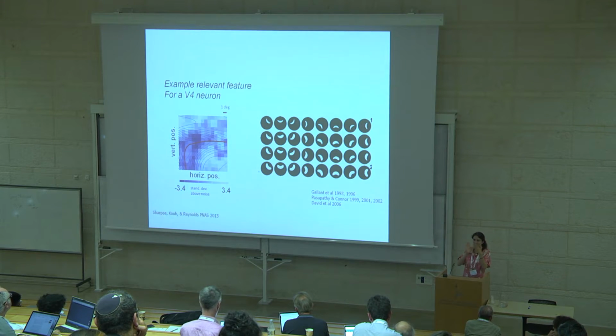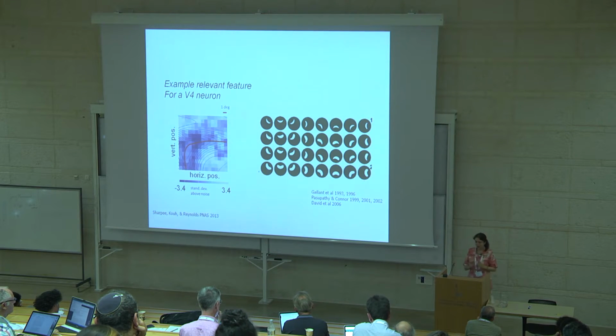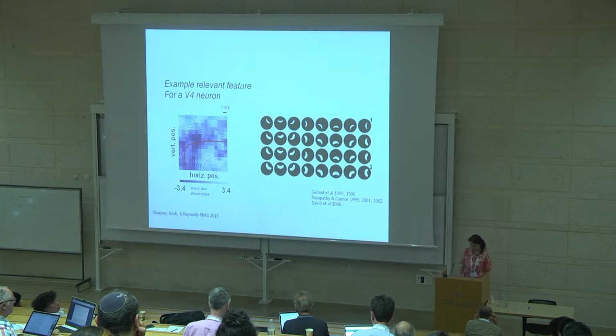So there are, in this case, 2 features per position that we would like to estimate. We allow for arbitrary nonlinearity within position, and then allow for integration across different positions.